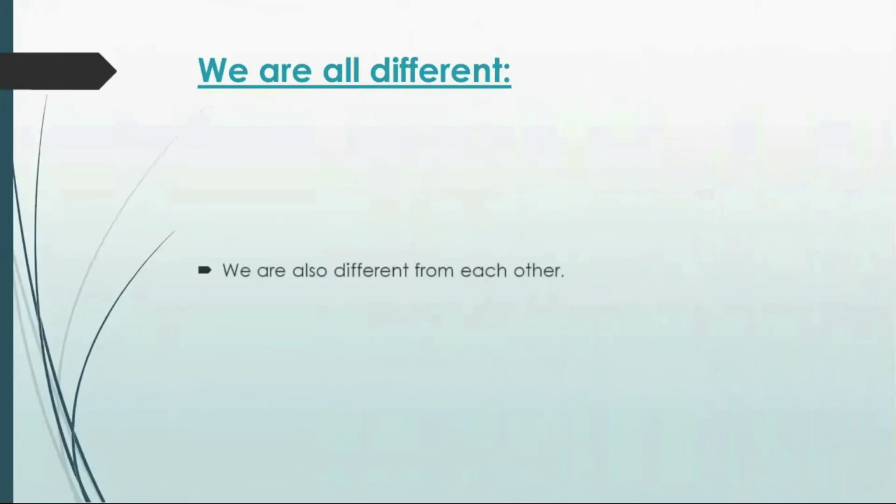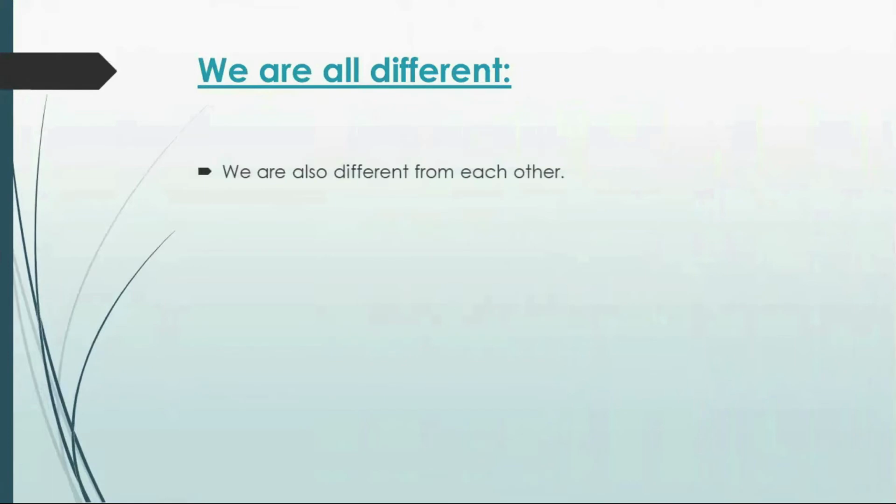We are all different from each other as well. How amazing is this? You are different from your mother. You are different from your sister. And we all are different from each other. If you look around yourself, there are so many people around you and all look different.